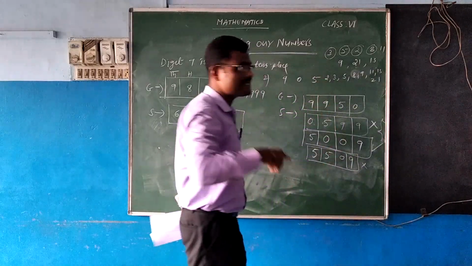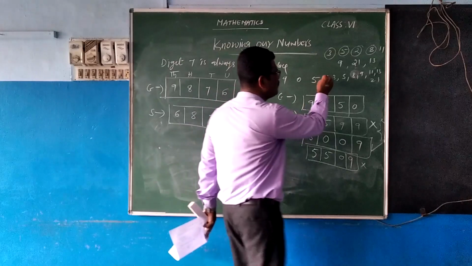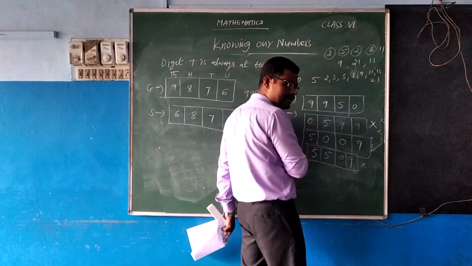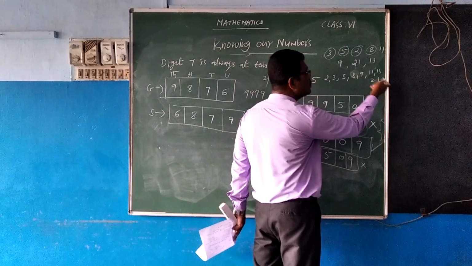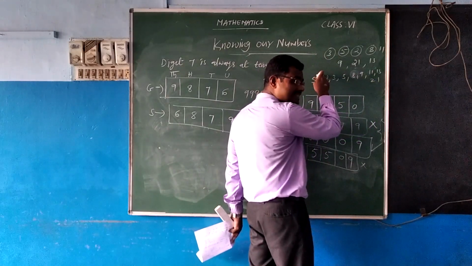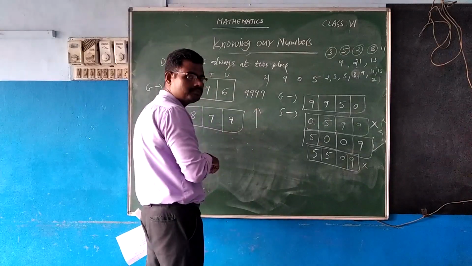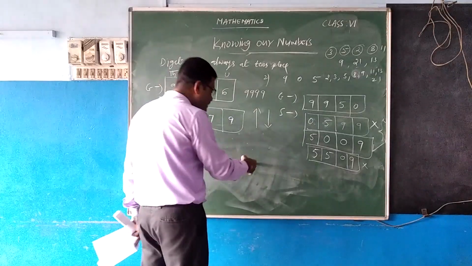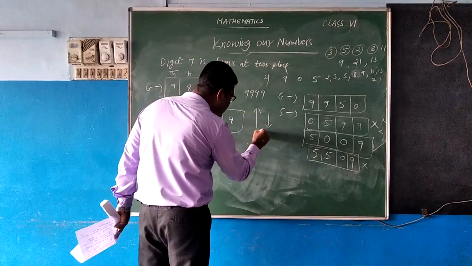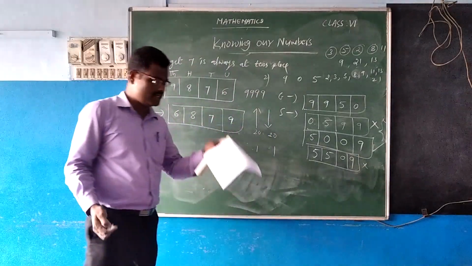This is called ascending order. Writing the numbers from smallest to highest is called ascending. Writing the numbers from highest to smallest is called descending. Ascending means climbing. Descending means getting down. Ascending numbers means smallest to highest. Descending means highest to smallest.